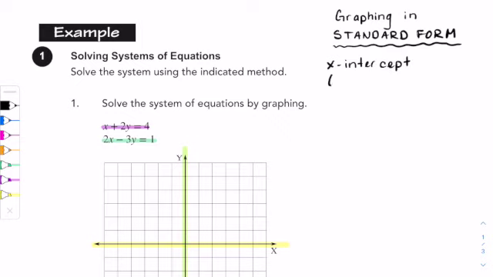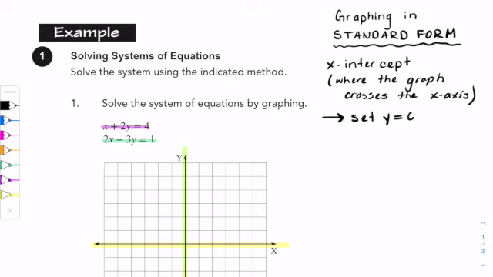And just a quick note, the x-intercept is where the graph crosses the x-axis. To find the x-intercept, the directions are: set your y variable equal to 0. So replace y with the number 0 and solve for x. Once you solve for x, that number is your x-intercept.